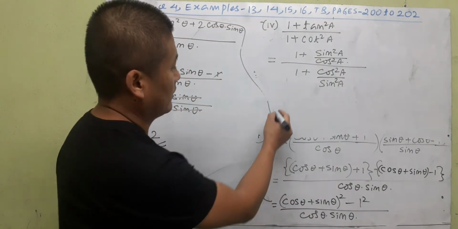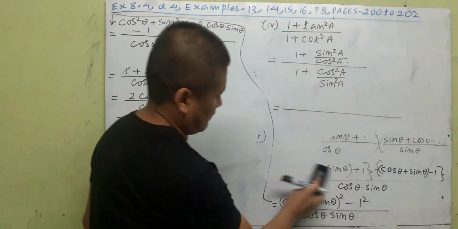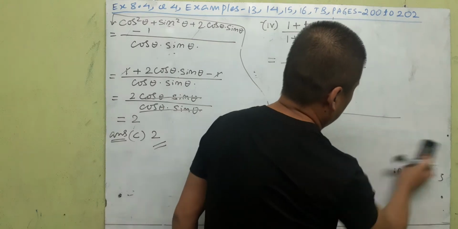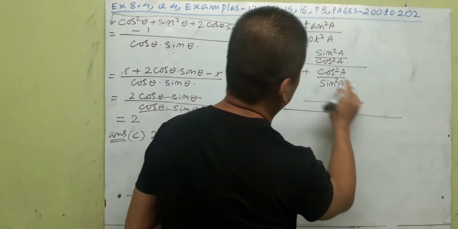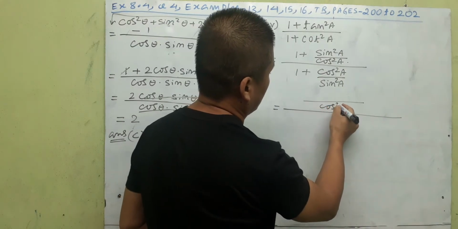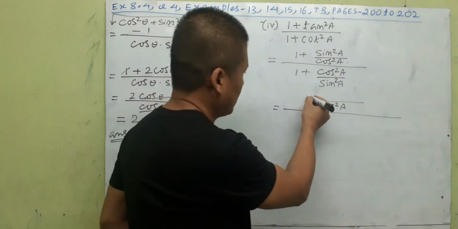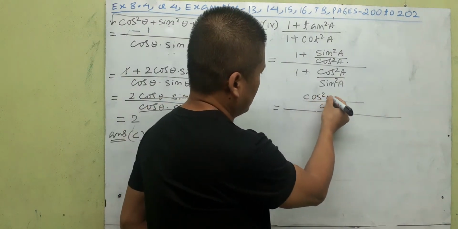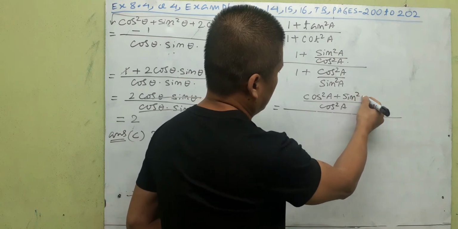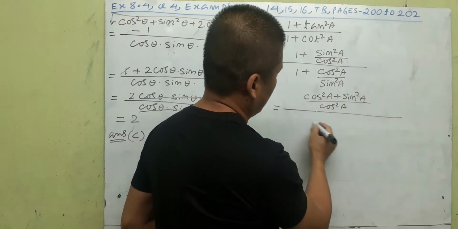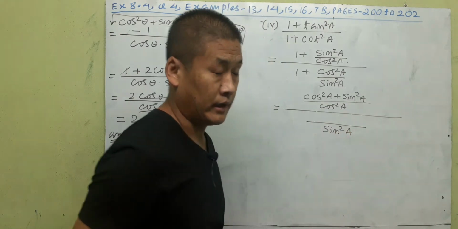Then here, long line. Then we can do like this. Numerator here, the LCM is cos square A. So cos square A into 1 will be cos square A plus here sine square A by, down here the LCM is sine square A, right?